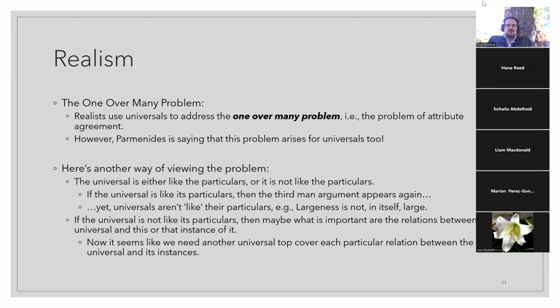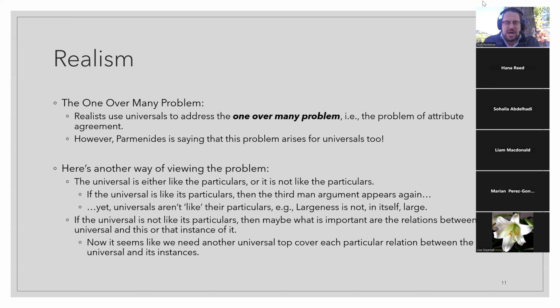Here's a way we can look at it. If the universal is like the particulars, could be that way. It could also not be like the particulars. If it's like its particulars, then we get the third man argument again. But if universals aren't like their particulars, like largeness is not in itself large, then we've got a problem.